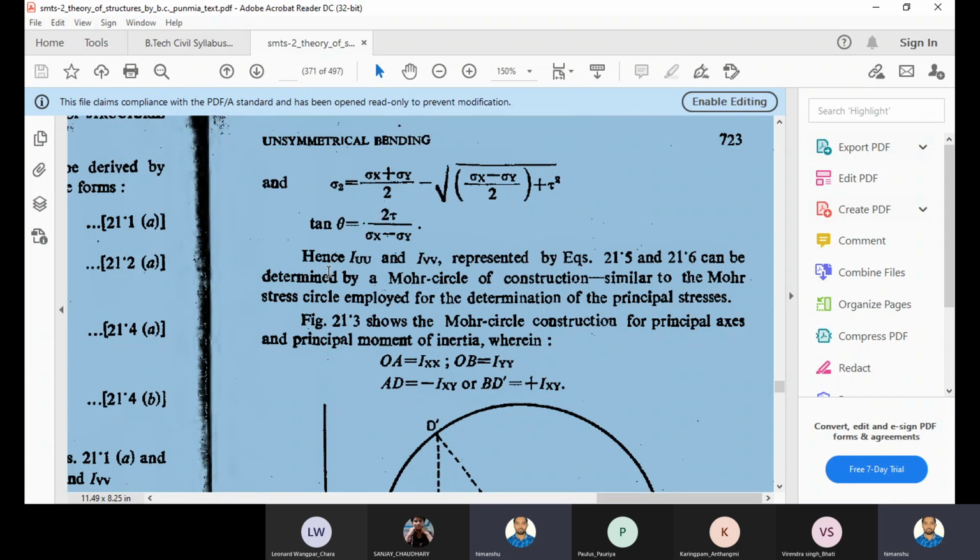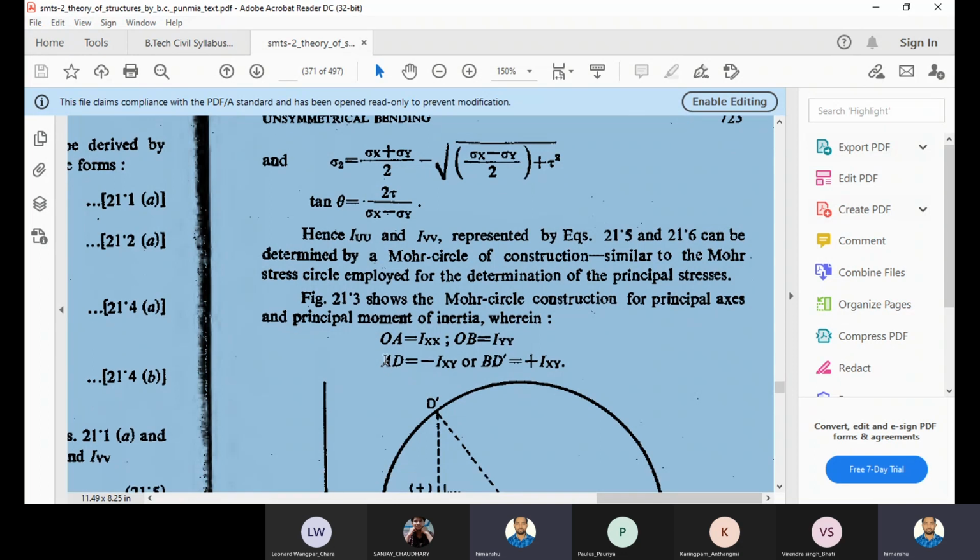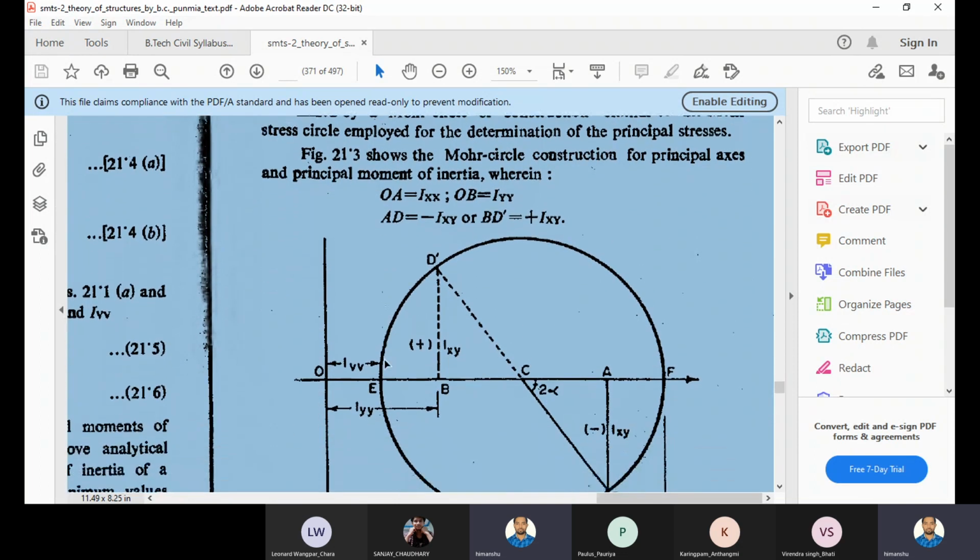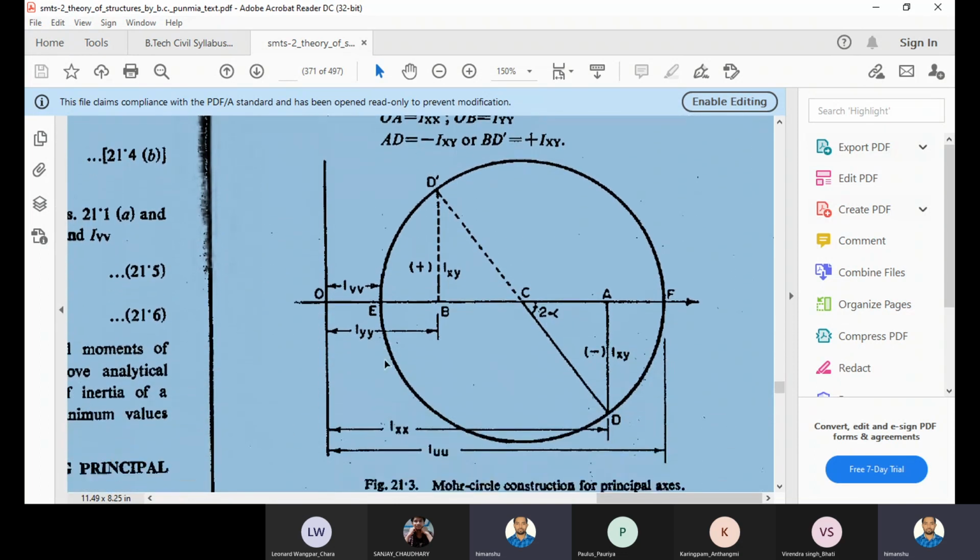By using this, we can easily make our Mohr circle. So what is this?